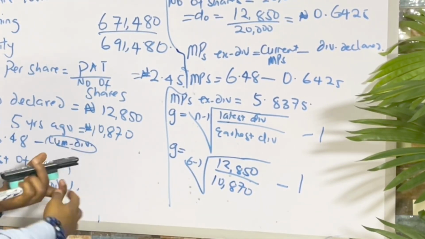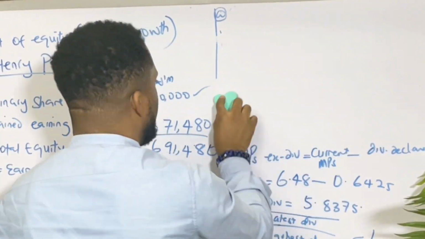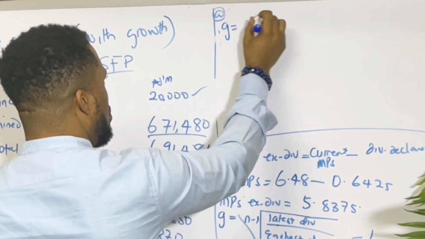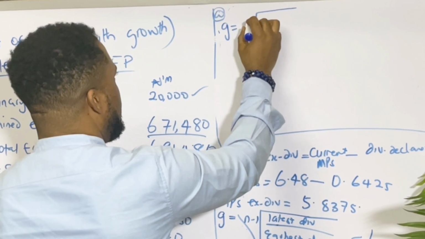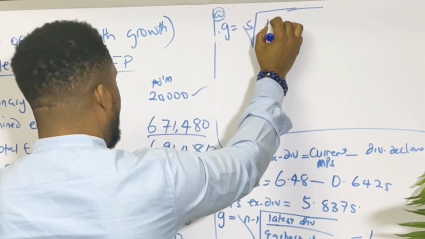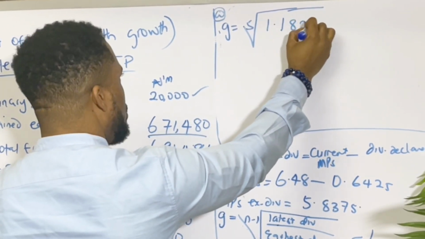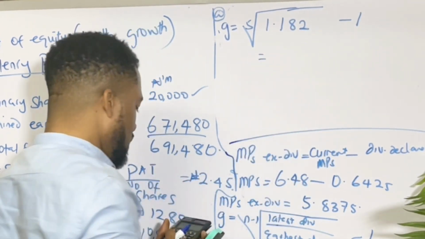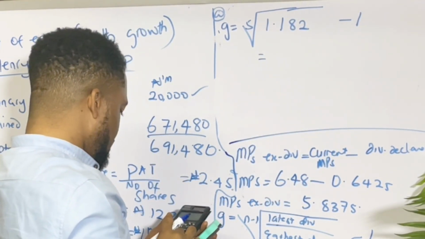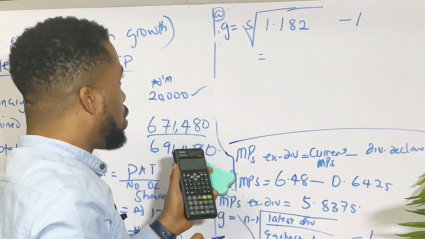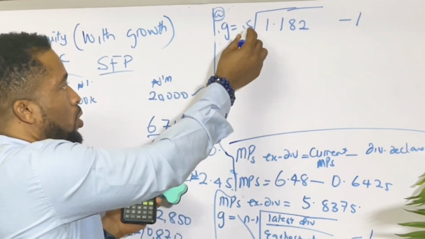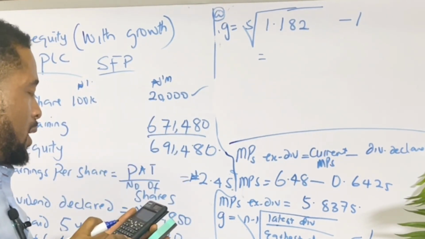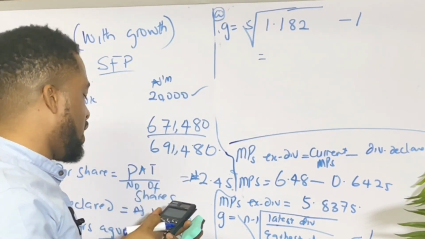Let me clean up here. So G equals the fifth root of 1.182, then minus 1. If you're having issues on how to calculate or use this on your calculator, regardless of the type of calculator, please comment, and I will try to provide clarification on it.